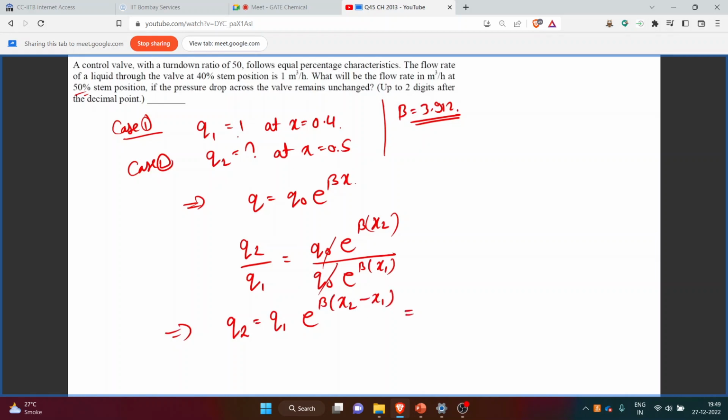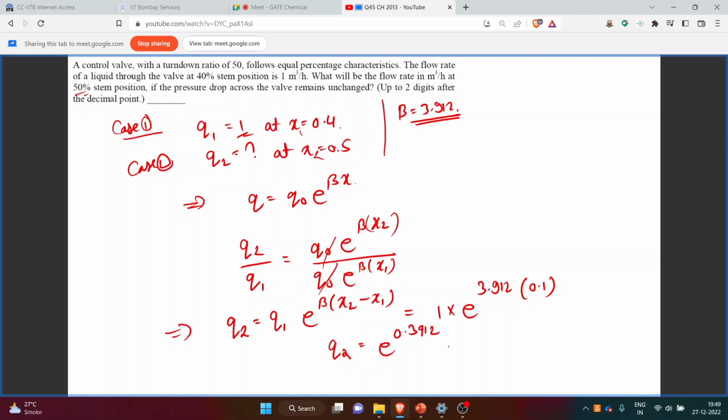Q1 we have been given as 1, into e raised to 3.912 times x2 minus x1, where x2 is 0.5 and x1 is 0.4, so the difference is 0.1. So Q2 will be equal to e raised to 0.3912.